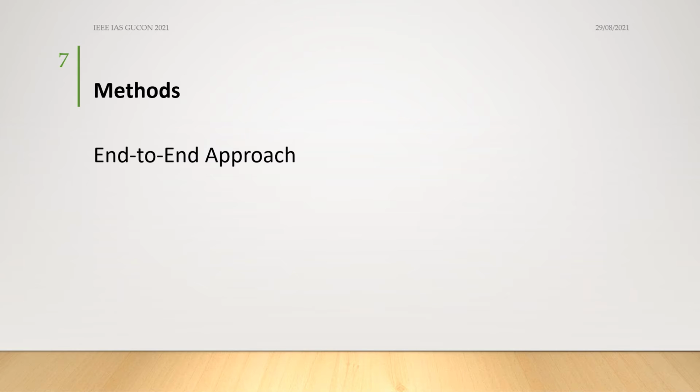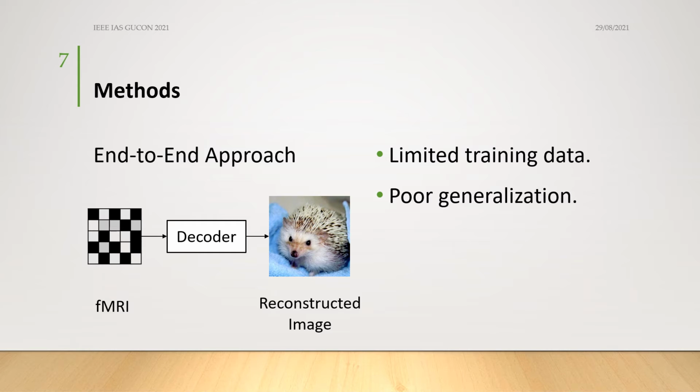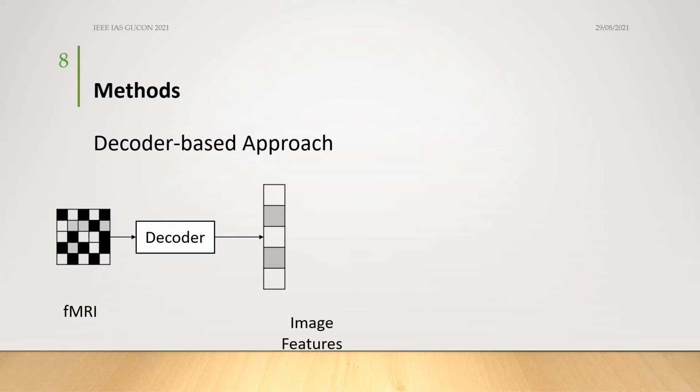So how do we do this, converting the fMRI to image? One is the end-to-end approach, where we train an image generator or a decoder to generate images directly from fMRI. However, due to limited training data, this results in poor generalization. Another approach is a decoder-based approach. Here, we can train a decoder to generate image features from fMRI instead of directly generating the image.